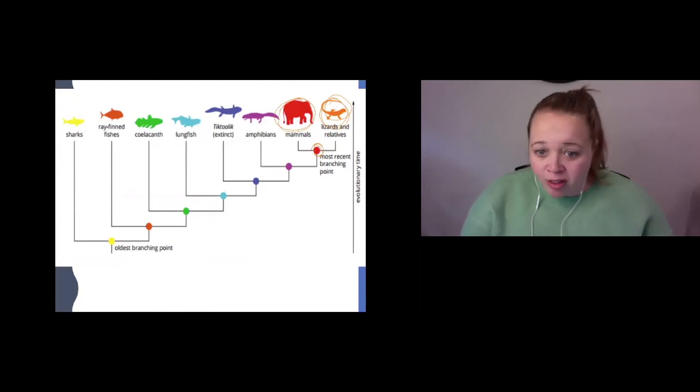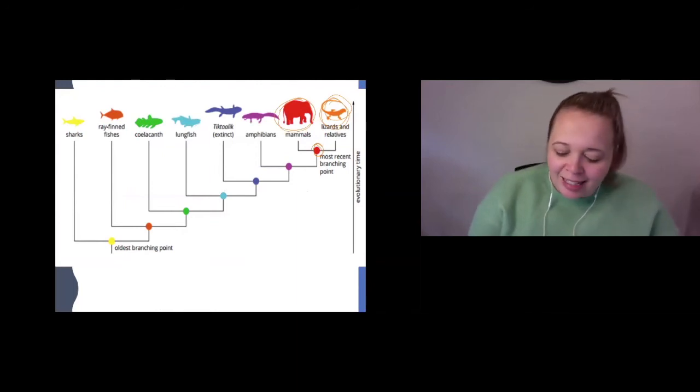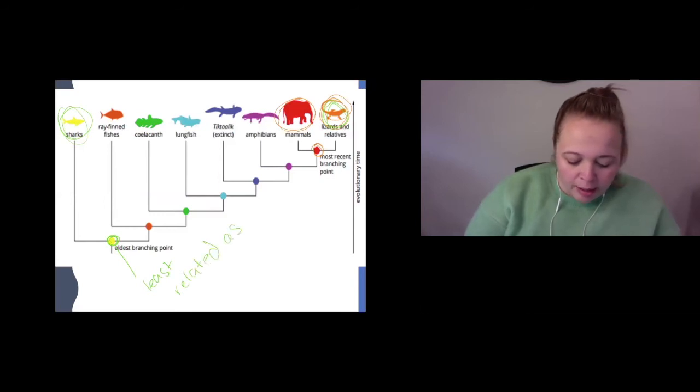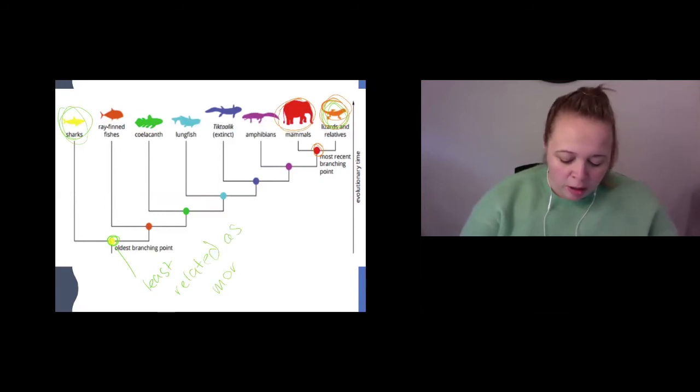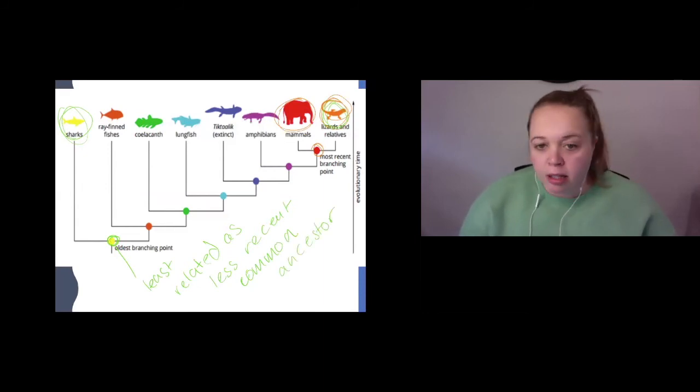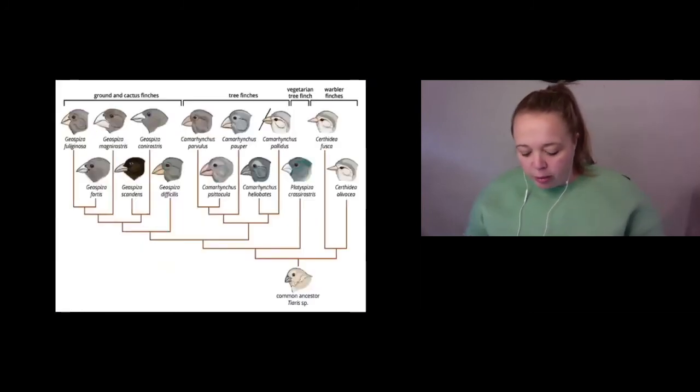The lizards and sharks on this tree are the least related, as they have a less recent common ancestor. So like I've told you, everything's got to do with directional words. In this case, the directional word is how recent was that common ancestor.